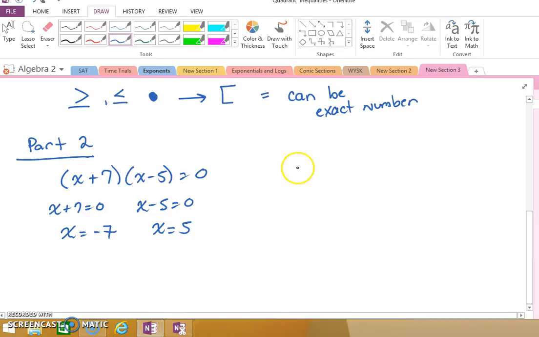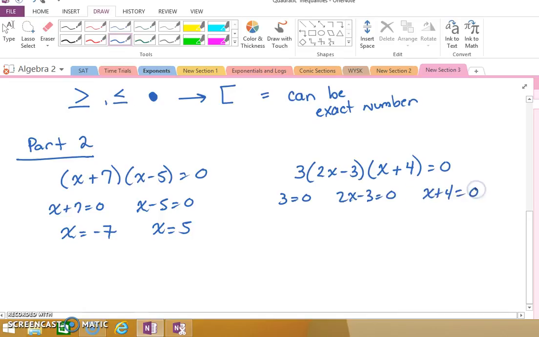Could also have something that looks a little bit different like this. And in this case, we set all the factors equal to 0, so 3 equals 0, 2x minus 3 equals 0, and x plus 4 equals 0. So 3 never equals 0, so that's not going to produce a solution to this equation.